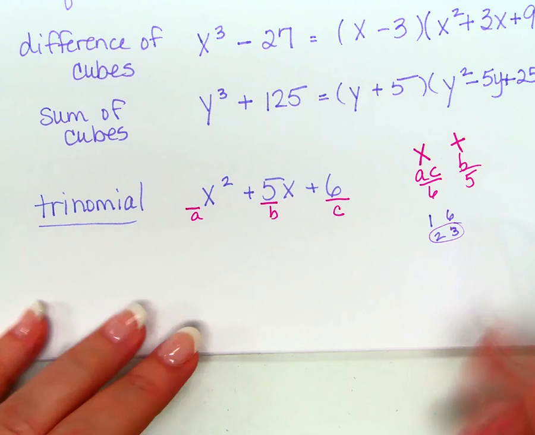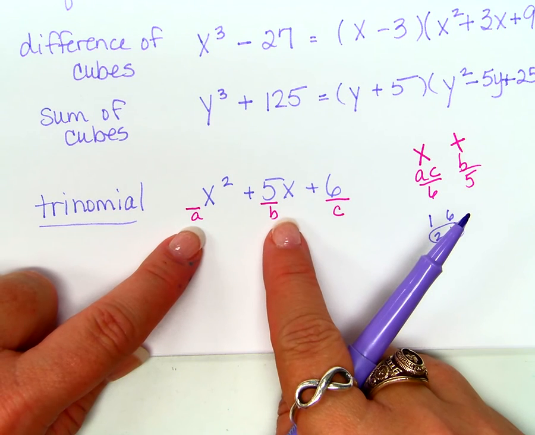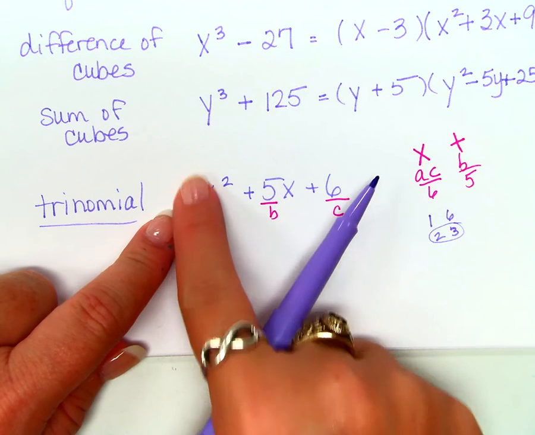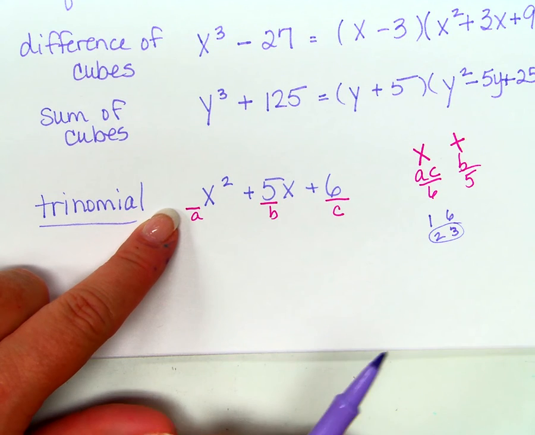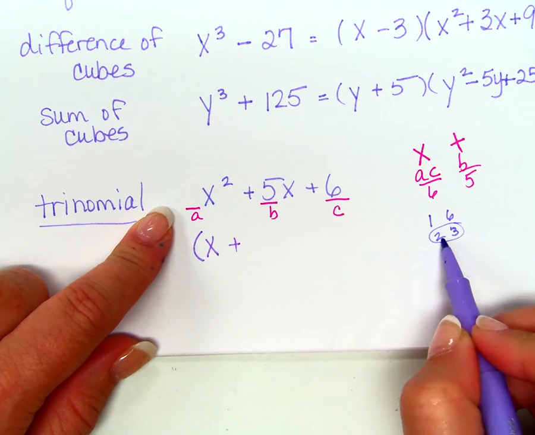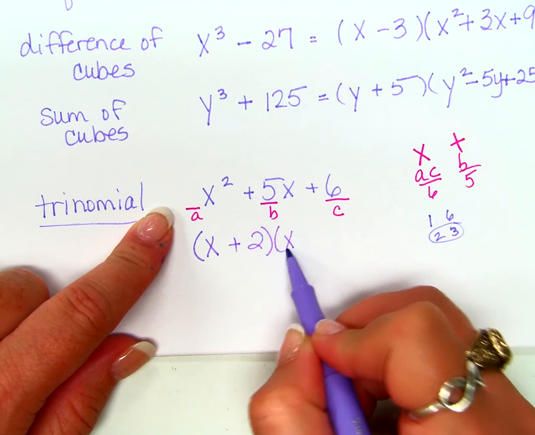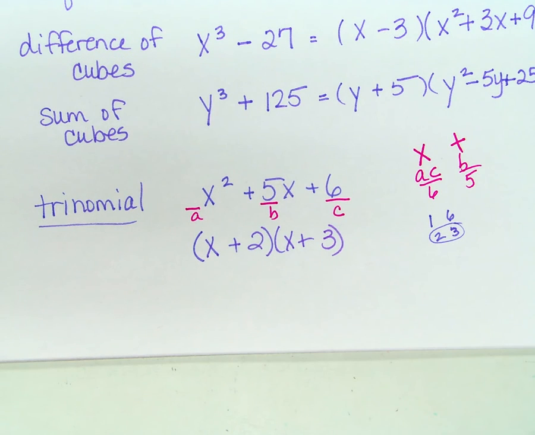2 and 3. So at this point, we recognize that A is 1, and if A is 1, we can do our little shortcut, right? We can go straight to our factors to be x plus 2 and x plus 3. If A is not 1, do you remember what we had to do?